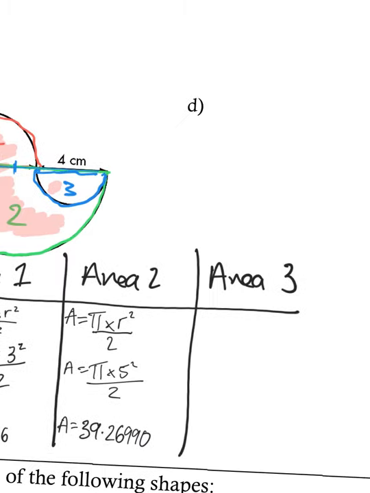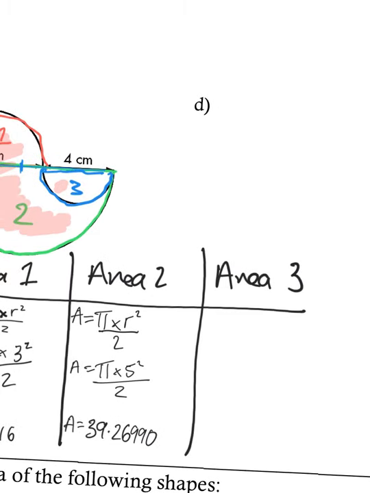And then I'll find area 3. That's just that little blue semicircle. Notice I keep writing out the whole rule, just so we don't make any mistakes. It's pi, and the radius of that, we see the diameter is 4 centimeters. The radius is going to be 2, so half of that 4.